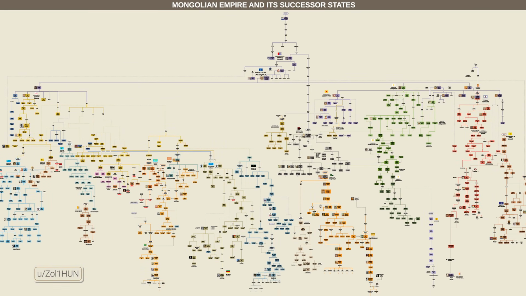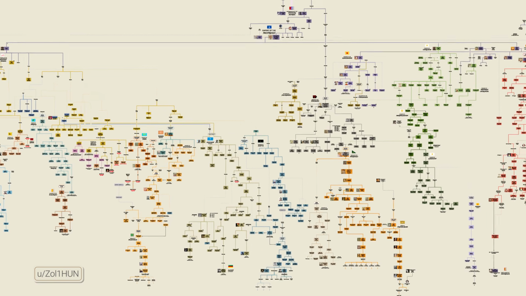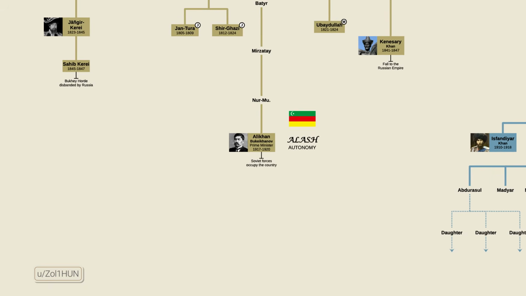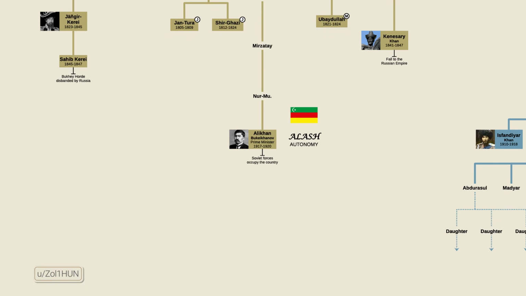This last one is really huge. It's a family tree of the Mongolian Empire and all of its successor states. And it goes almost all the way up to today. So, for example, this man here was the prime minister of a short-lived Kazakh state after the Russian Revolution, known as the Alash Autonomy. But he was also, quite likely, a direct male line descendant of Genghis Khan.